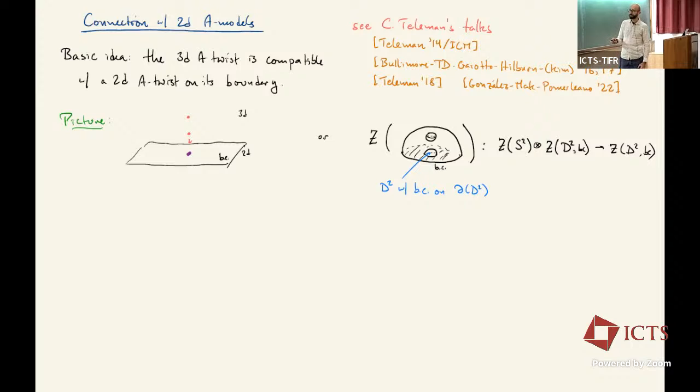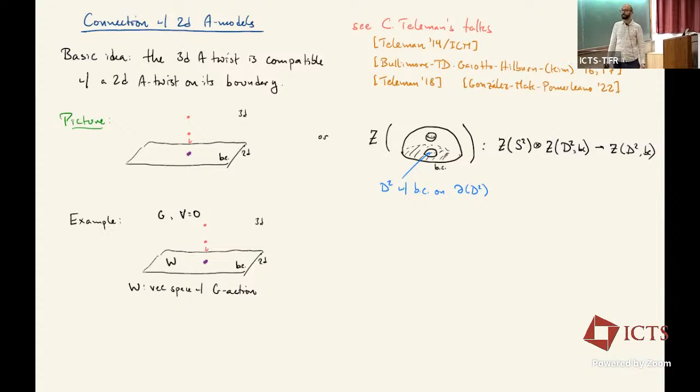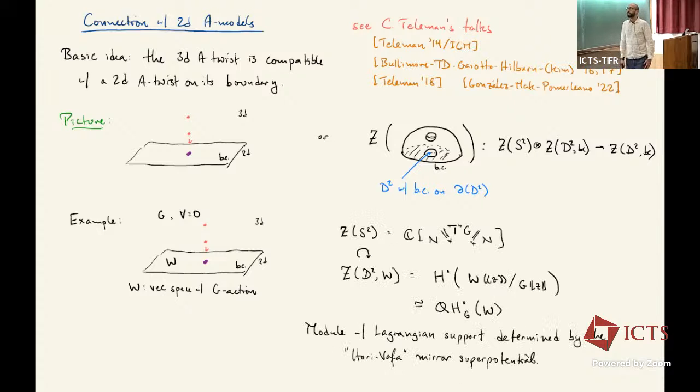And there are many different boundary conditions for a given 3D theory, and they all have to do with two-dimensional A models. To give an explicit example that I think is going to come up in Konstantin's talk as well, putting pure gauge theory in the 3D bulk, so any G with trivial V, one can define a boundary condition that's labeled by a vector space with a G action.